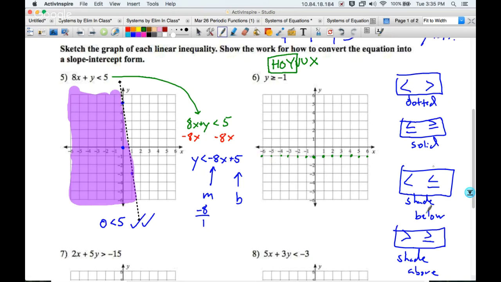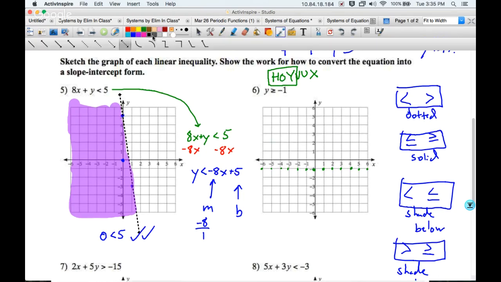Then I ask myself, solid or dotted? Compared to this over here, I would see that I want a solid line. Oh, it's dotted. I want a solid line. There we go. And then do I shade above or below? I look at this and I see that it matches this one, shade above.